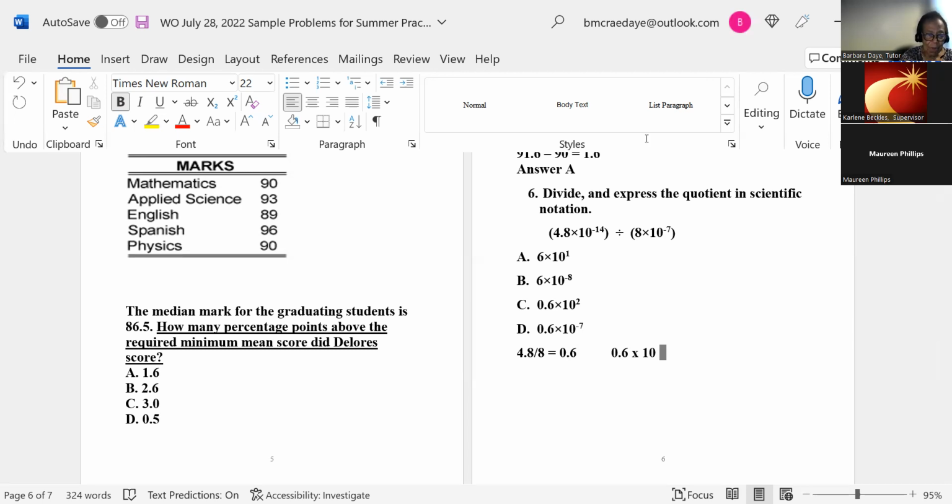Okay, you subtracted the exponents, 7 from 14, so you got 7, right? Negative 7. Yeah.